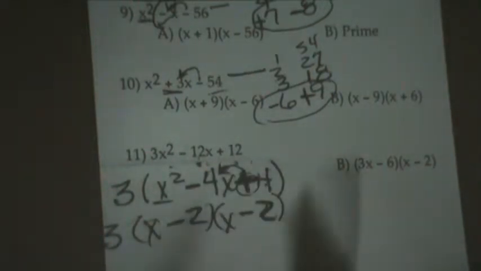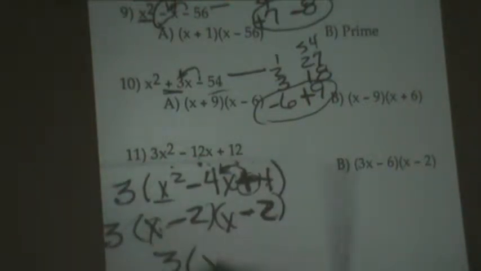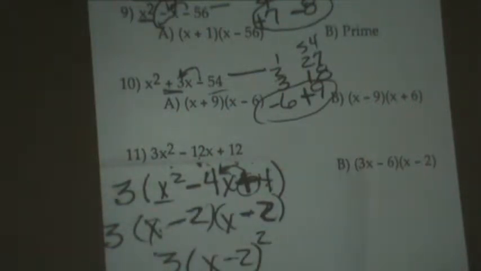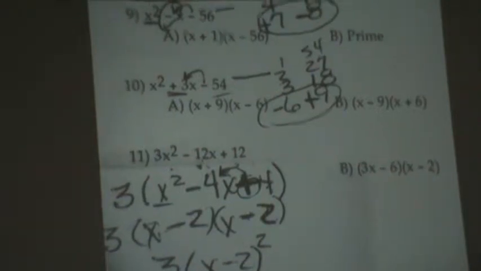When you add them to get the middle term, they're always the same sign. So make sure they're the same sign there. This can be changed into 3 times x minus 2 squared also, because that one came up twice. The answer on this one isn't, it just has them already separated, but you can write it with the squared on it.